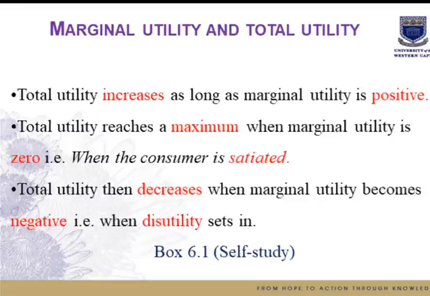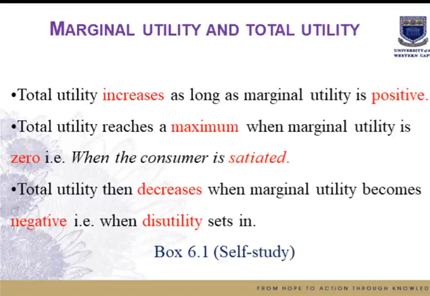Looking at Table 6.1, we observe relationships between Tabo's marginal and total utility as he consumes each extra unit of apples. Firstly, we see that total utility increases as long as marginal utility is positive.